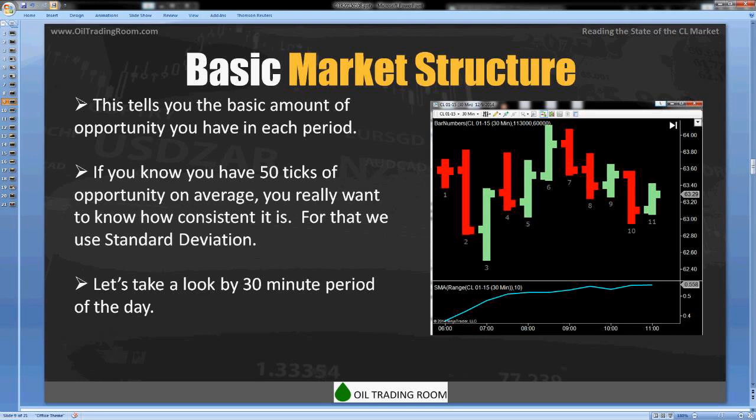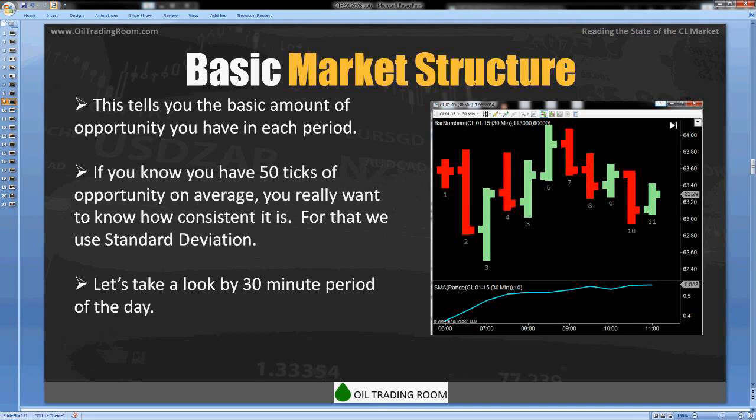I like to just round that to about 50 in this particular market. The ES, for example, right now is about 4 points, or about $200 per 30-minute interval. And crude oil is about $500, about 2.5 times what you can get in the ES.